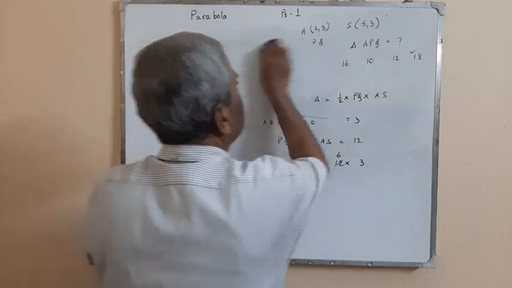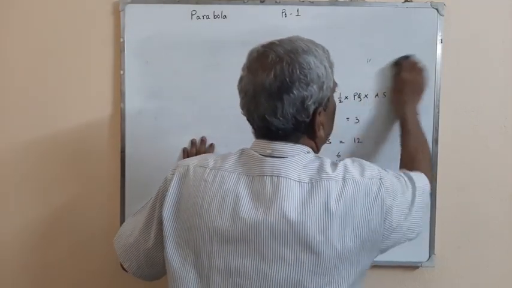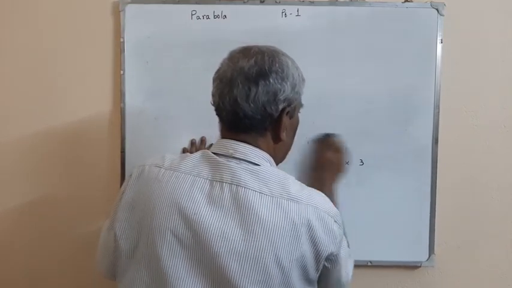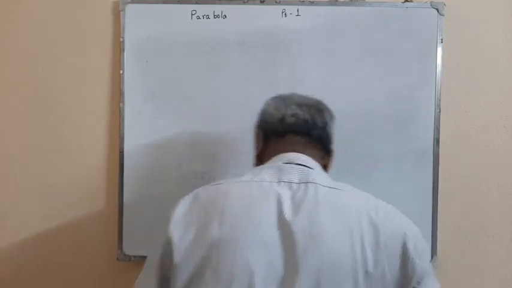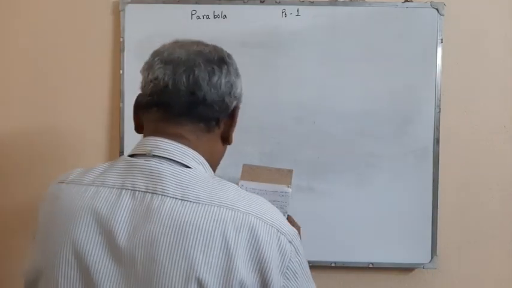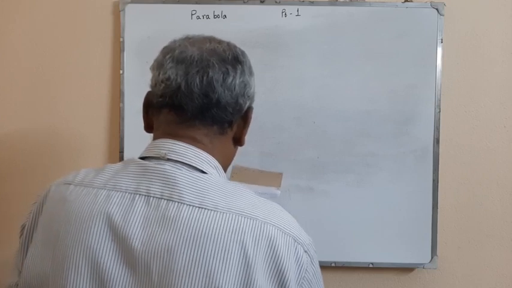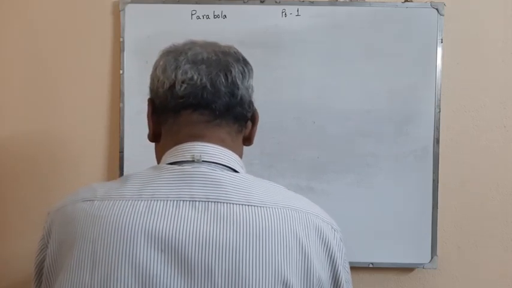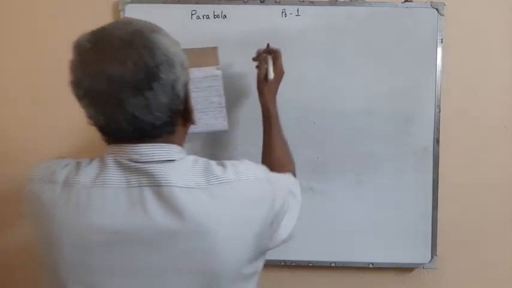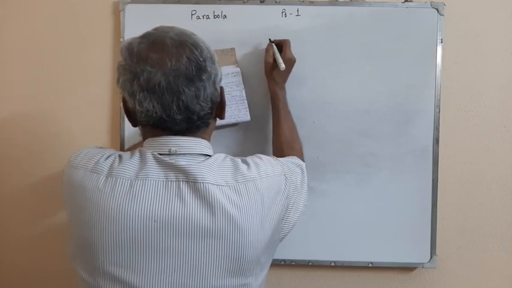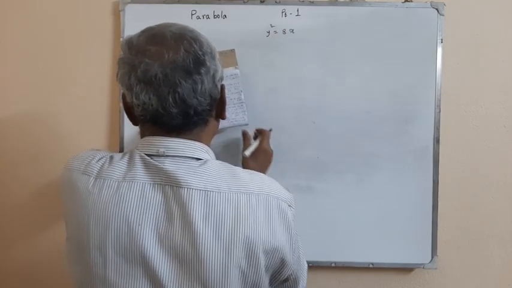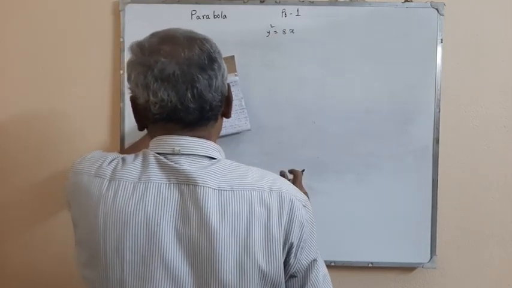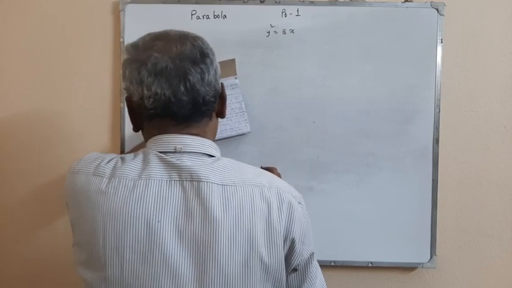Next. Next problem. Let P be the midpoint of chord of y square is equal to 8x, whose one end is vertex.